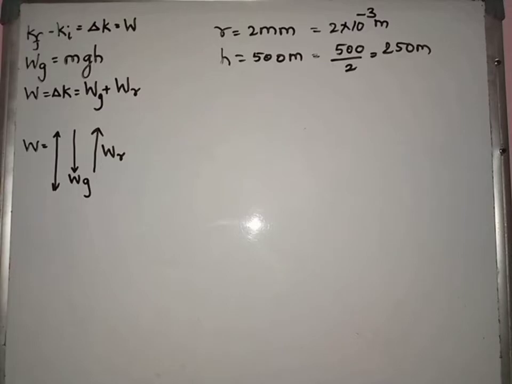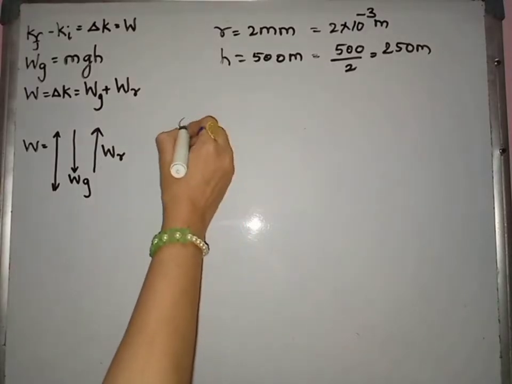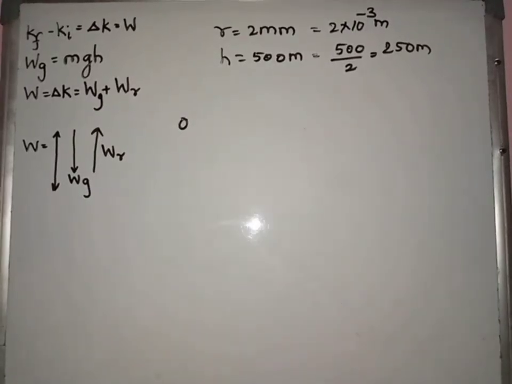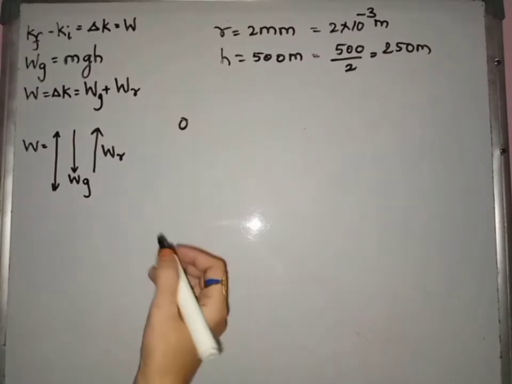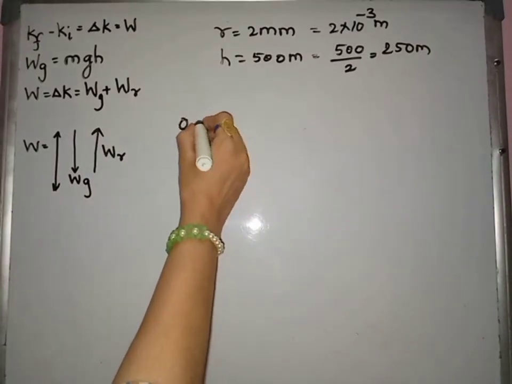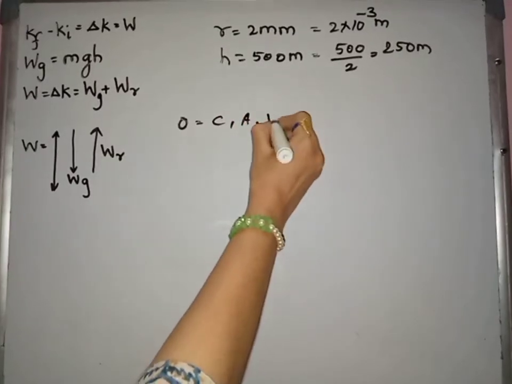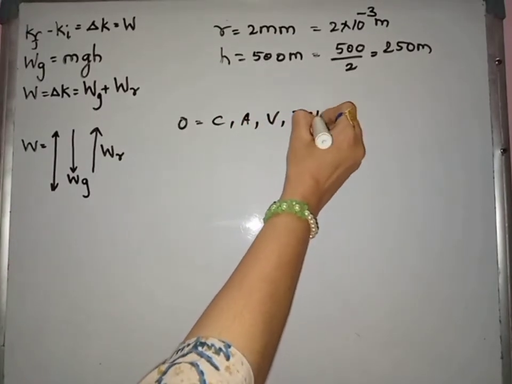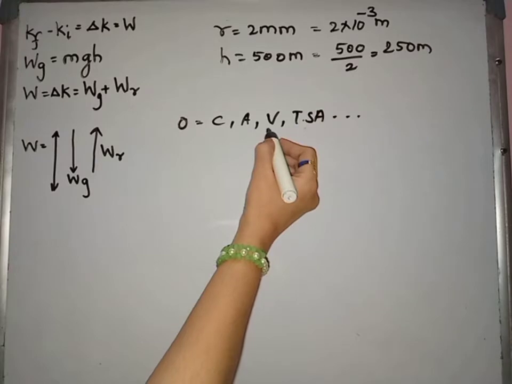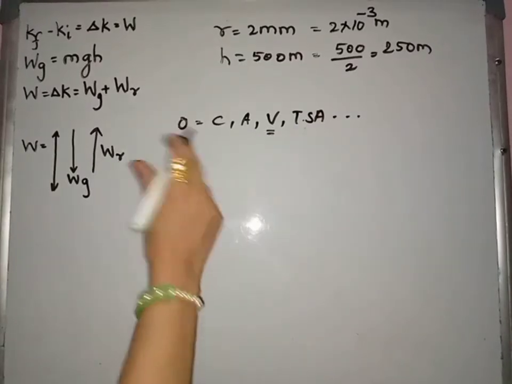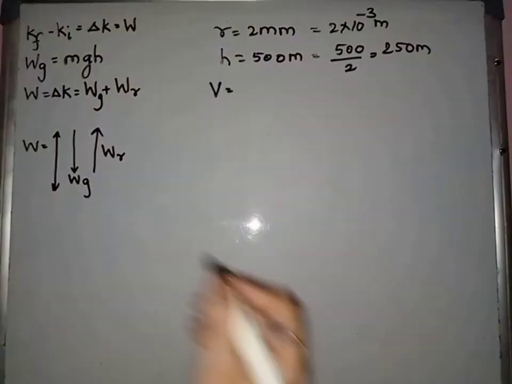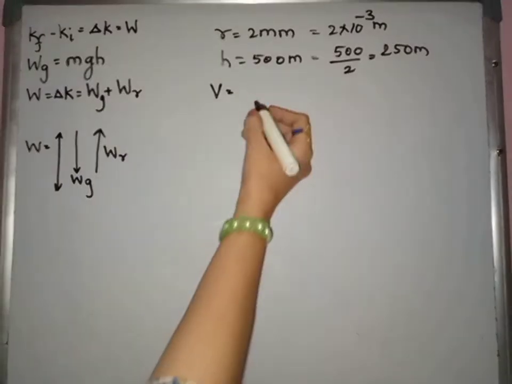Formulas of spheres. Since we can relate the raindrop to a sphere, we will have to use the formulas of spheres. In spheres, we find out different things like circumference, area, volume, total surface area and so on. So we can find out the volume of the sphere. So let us put the formula of volume.